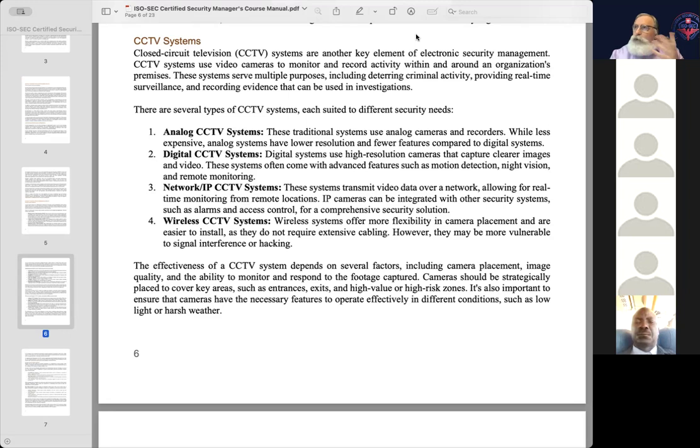Now, we have two types of CCTV systems, let's say. One is there just to tell us somebody is coming or someone is there, and this someone is a human and not an animal or something else.